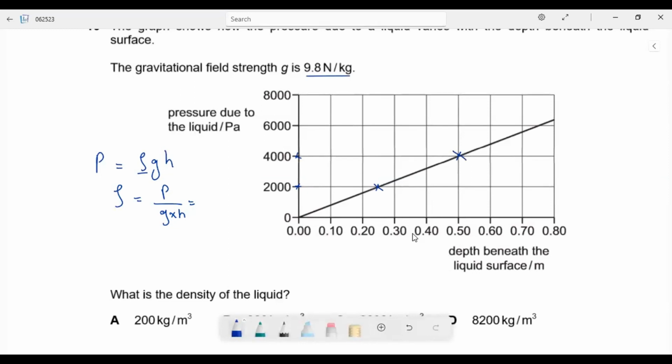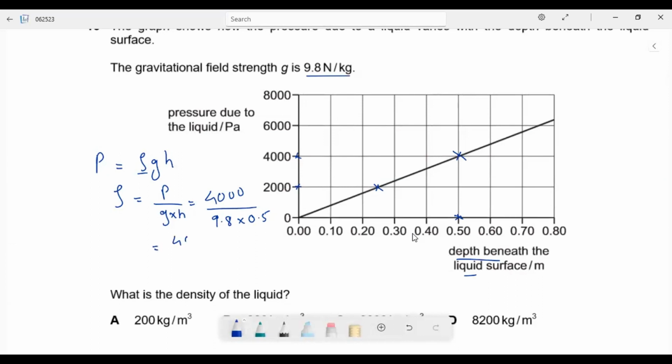So the pressure is 4000, divided by gravity, which is given as 9.8, and at this pressure the depth, the height, is 0.5.